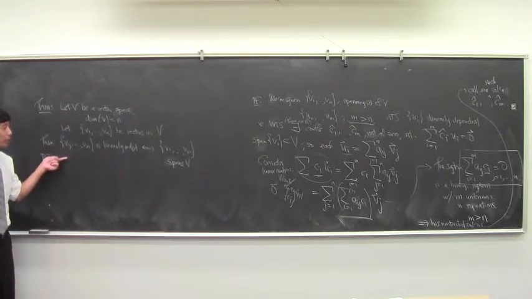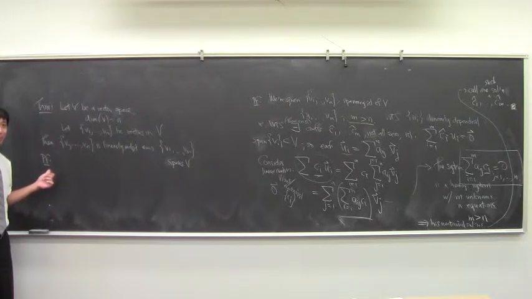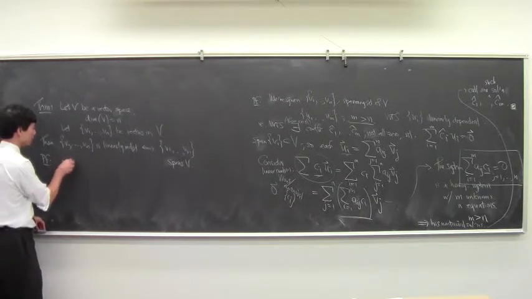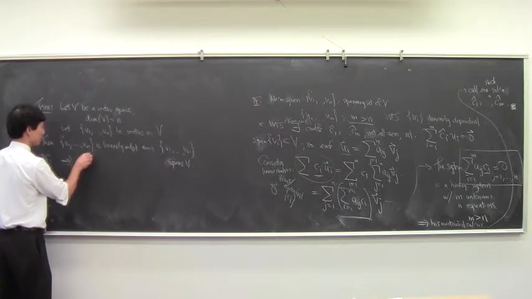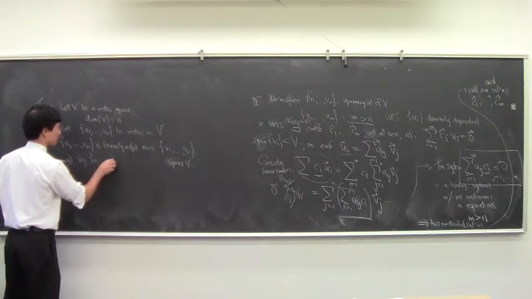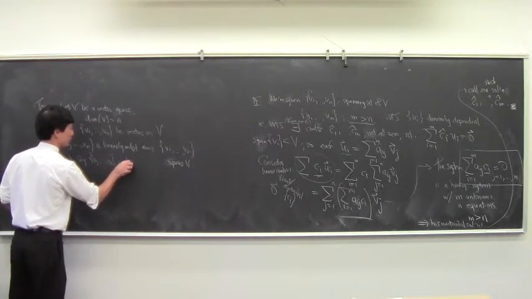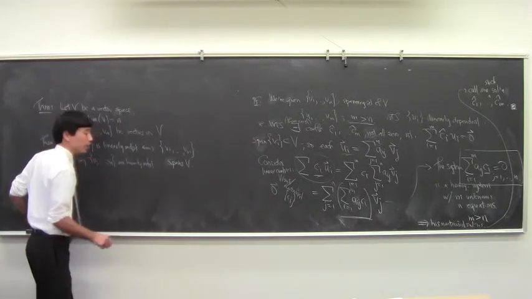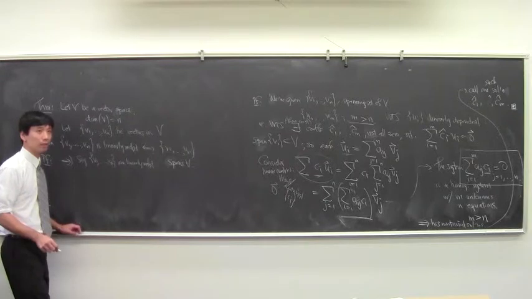Linearly independent implies that it must span, or span implies that it must be linearly independent? Linear independent implies that it must span. Okay, so let's say that these guys are linearly independent. So why must they then span?